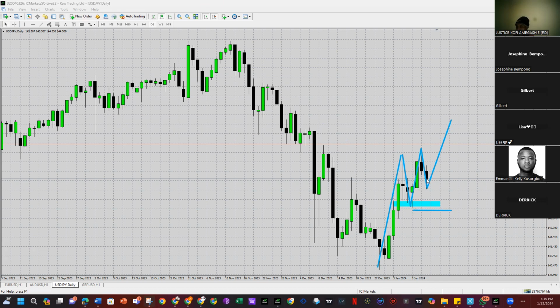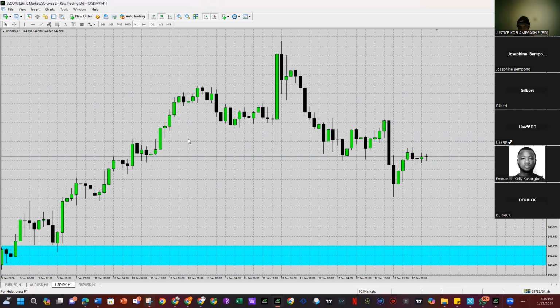But how do you trade it from where it is now to the neckline? That is what we are looking at on our 4 hour, which is in line with our monthly analysis. So what am I expecting next week? I'm expecting that this thing will move to somewhere here like this.